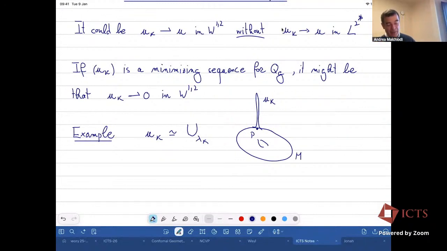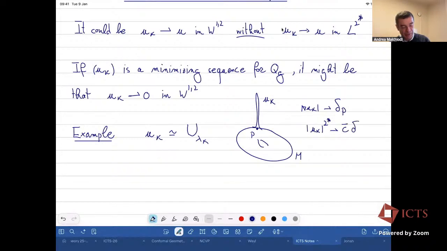Then the gradient of u_k squared behaves like a Dirac delta at the point P. The functions u_k to the 2* behave like a constant, say C bar, times the Dirac delta at the point P, and the scalar curvature Rg times u_k squared just goes to 0 in L^1.